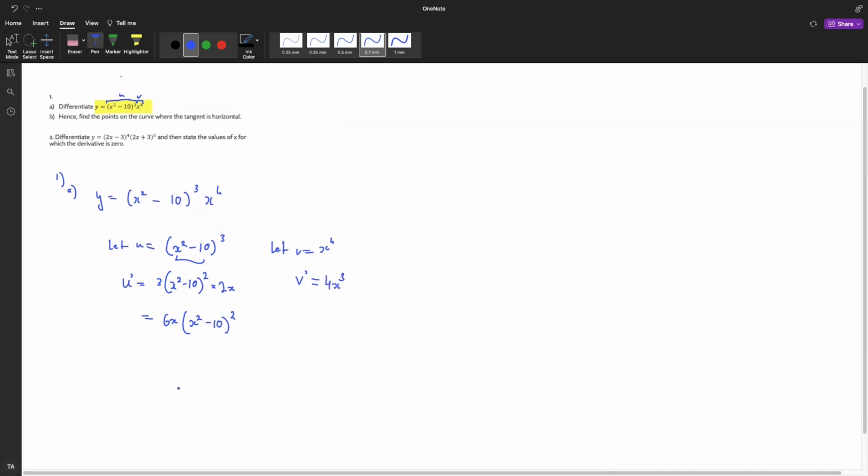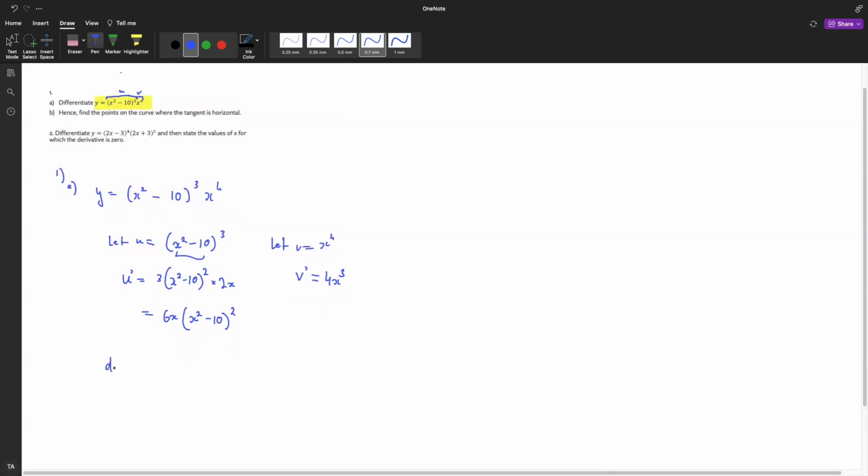Now we can put it together. We've got dy over dx is equal to u dash v, which is 6x times x squared minus 10 squared times x to the power of 4, plus v dash u, which is 4x cubed times x squared minus 10 to the power of 3.